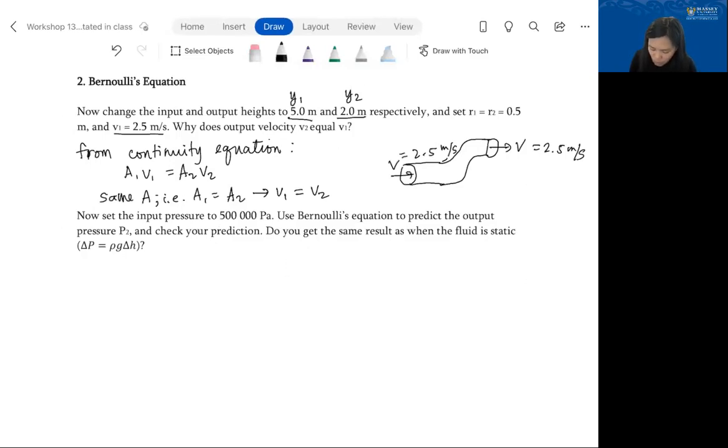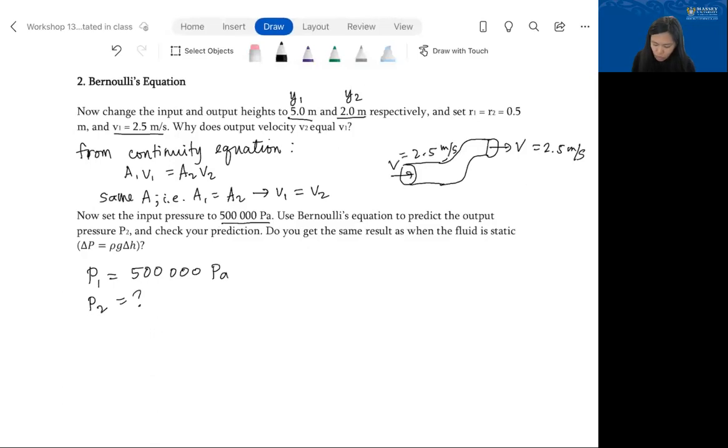So the next question here: the input pressure is set to 500,000 pascals. So this will be P1. Use Bernoulli's equation to predict the output pressure P2.